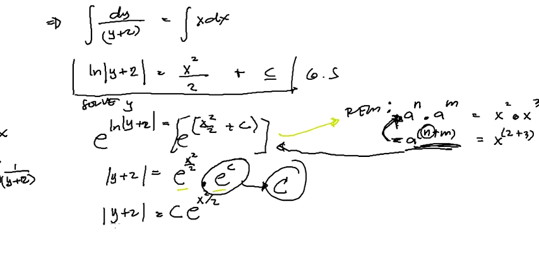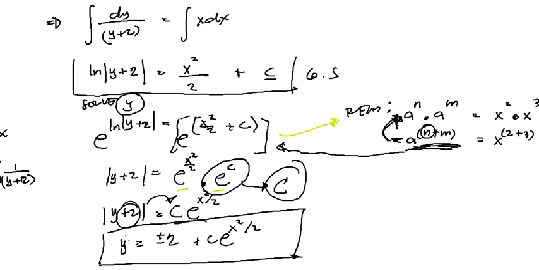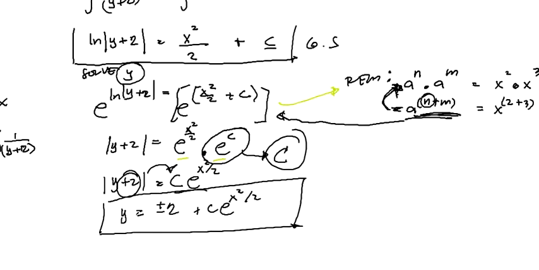Simplifying further by solving for y, since this is an absolute value, and moving this 2 to the right hand side, we have y is equal to positive or negative 2 plus c e raised to x squared all over 2. So this is now our general solution in terms of variable y.